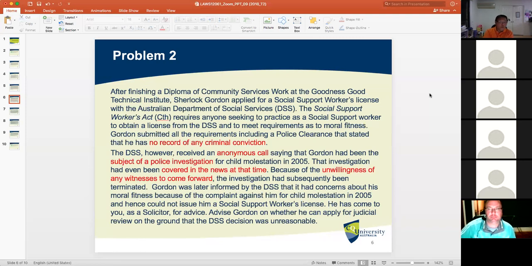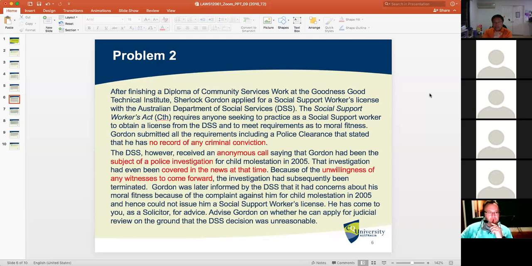Or is it actually open on the evidence that's there for a reasonable person to conclude that Gordon may have engaged in child molestation? Is it open to a reasonable person to arrive at a decision that Gordon may have committed child molestation? That's the question I have. Is it open?